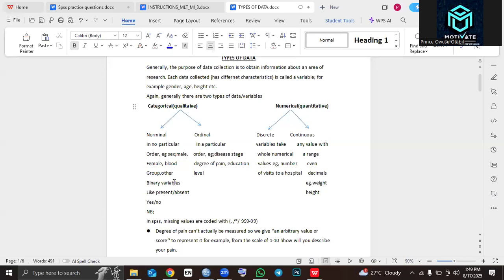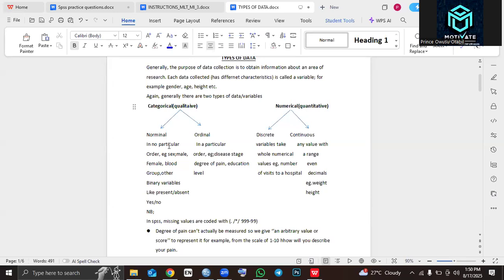Blood type or blood group, that is AB, AB negative, A, B, and so on and so forth. Then we have other examples like binary variables like present or absent, yes or no, and so on and so forth. So that is nominal categorical data.